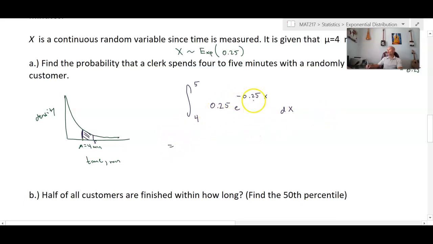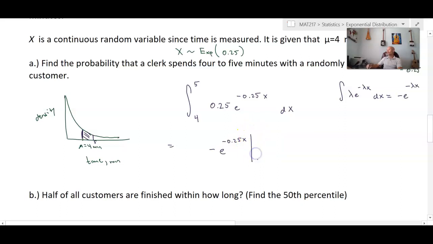Now we know that the integral of this function, by the way, the integral of lambda e to the negative lambda x dx will always be negative e to the negative lambda x. So that saves us a little bit of work there. So this is going to be negative e to the negative 0.25 x.